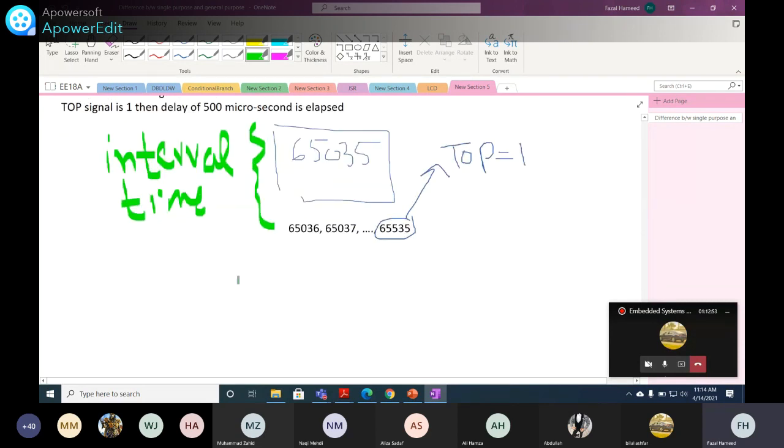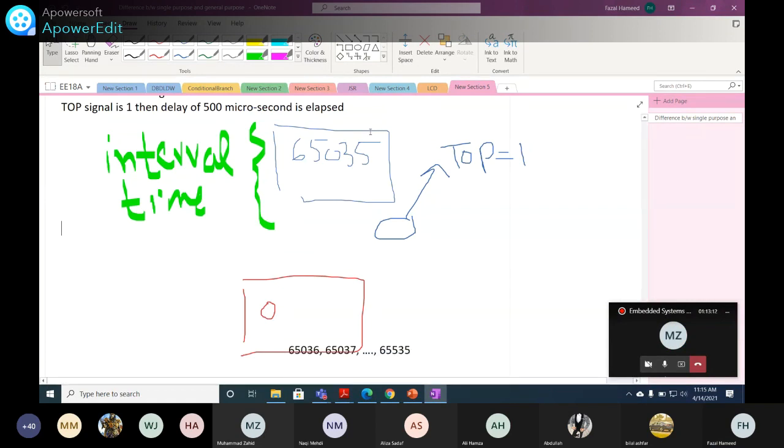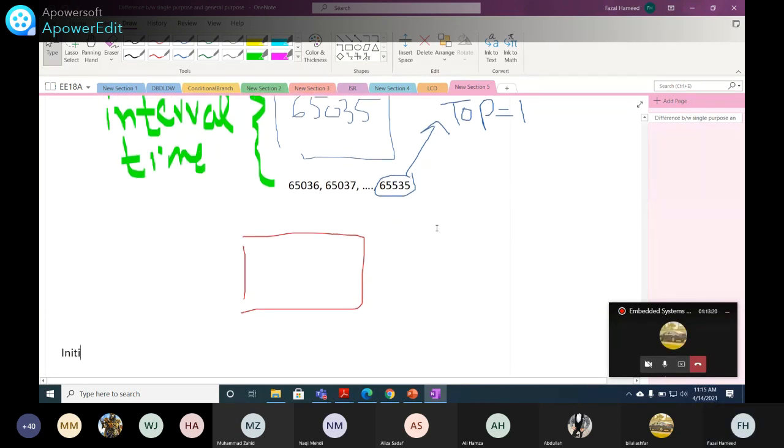Okay, there is also another method. The second method: initialize the counter with 0 and compare this counter with 500.